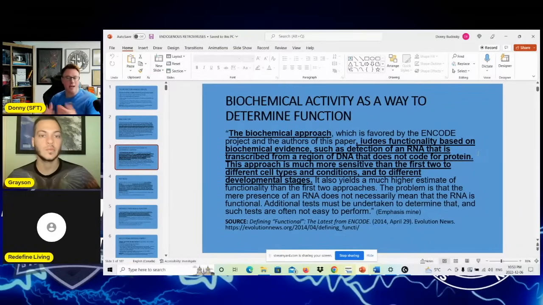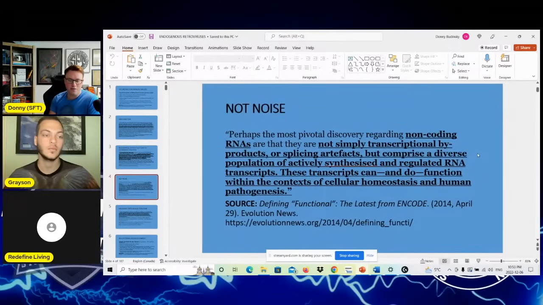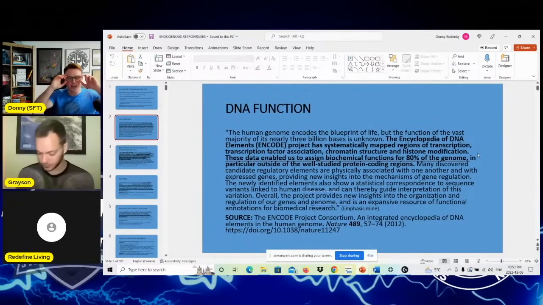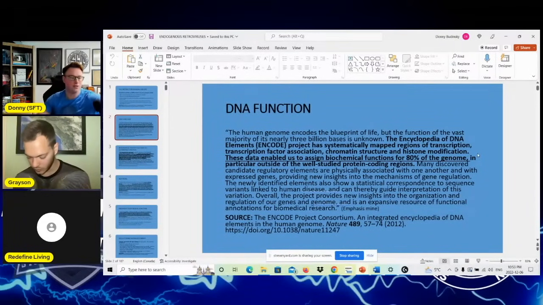Okay, so the biochemical approach, I do have slides here demonstrating why that approach is the best in terms of function, and also why the genome-wide activity really is legit activity and not just noise or spurious, as Grayson would argue here. And here's a couple reasons, then I'll wrap it up with the onion question and then take as long as you want, Grayson.